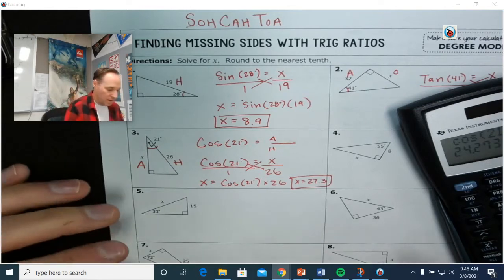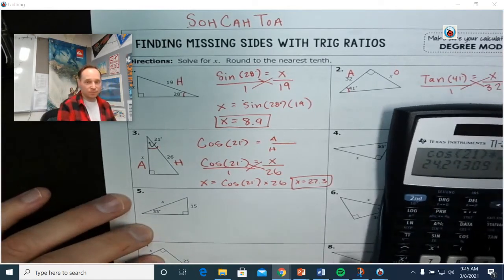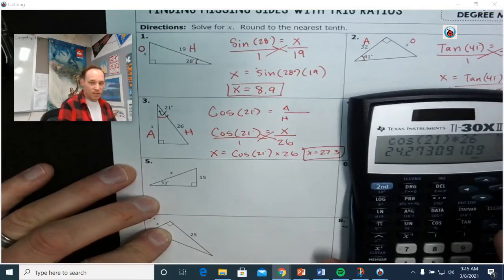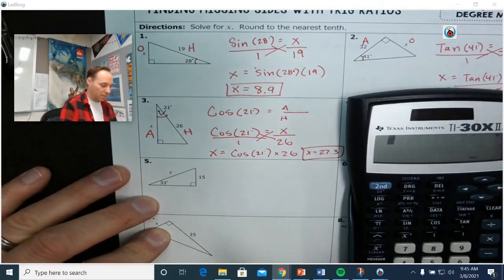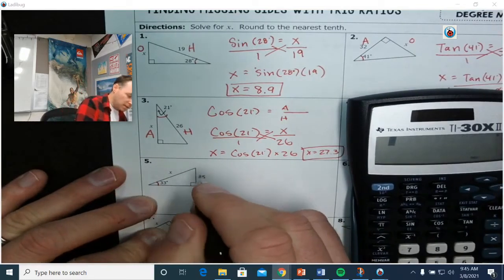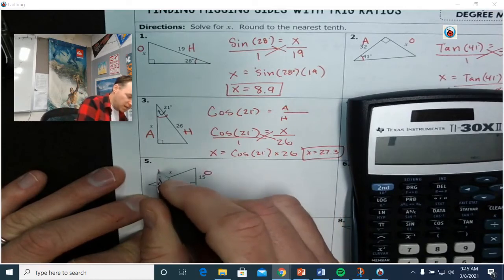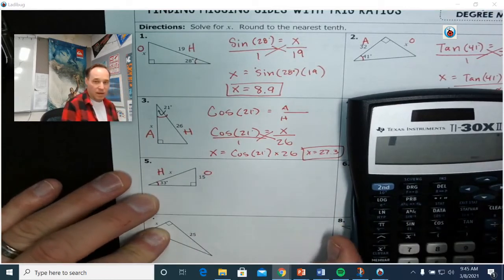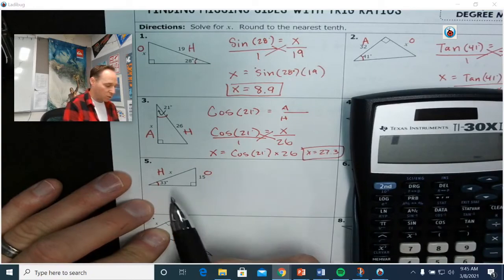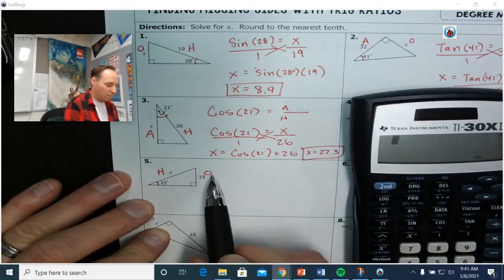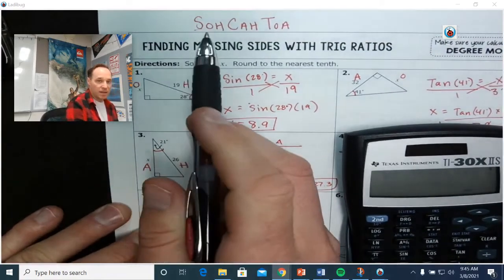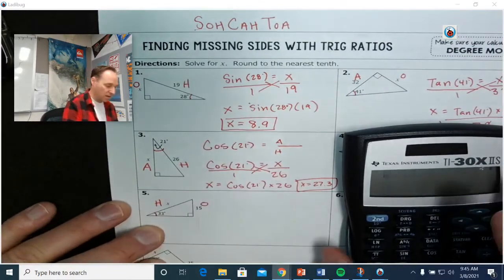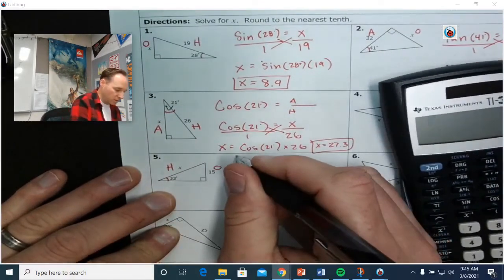So let's go ahead and do number 5. We're going to set it up doing the same steps. Step number 1, reference angle, and label our sides. Opposite, hypotenuse, and let's figure out what trig ratio we're going to use. Well, opposite and hypotenuse, I know that that is opposite over hypotenuse, that's our sine. So we're going to be using our sine ratio.